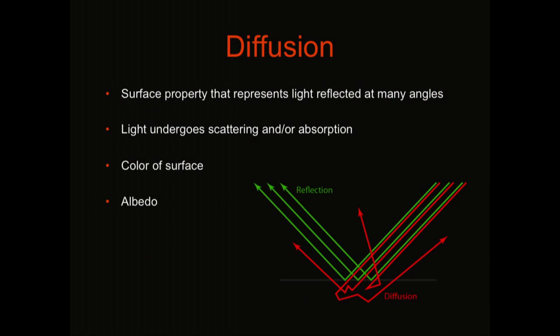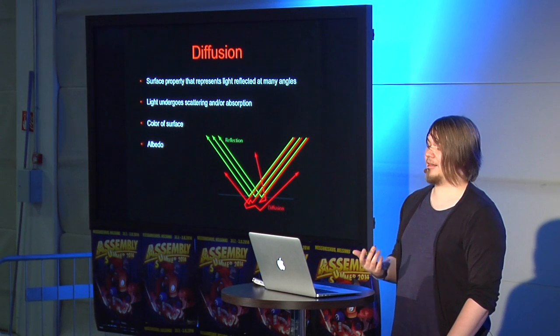So first of all, when light hits a solid object, there's the diffusion, which means the surface property that represents light reflected at many angles. What actually happens is that the light hits the object surface, goes within the surface, scatters and bounces around within the object, and while doing this, some of the light's wavelengths are absorbed and turned to heat mainly.